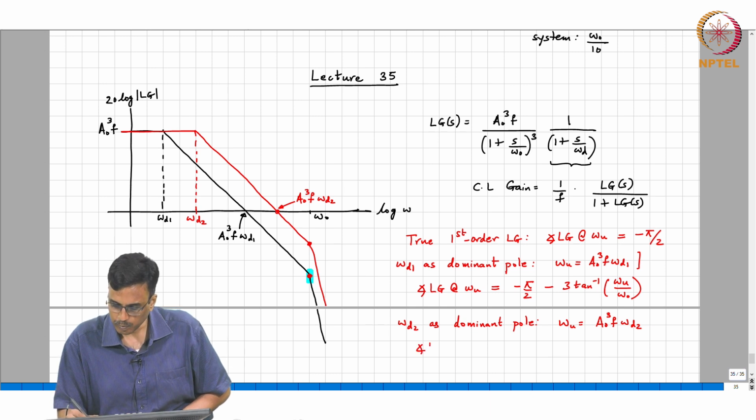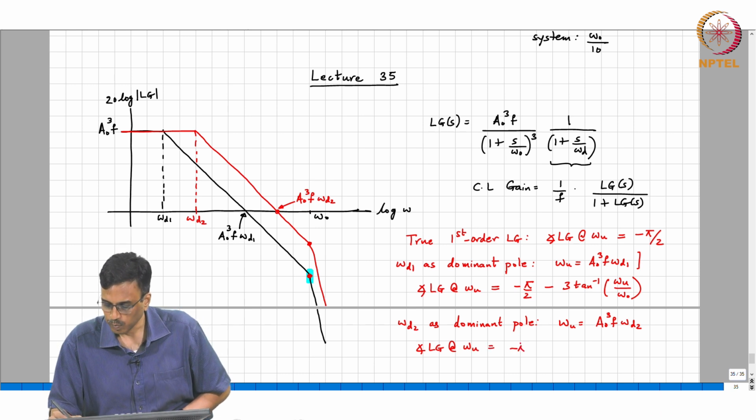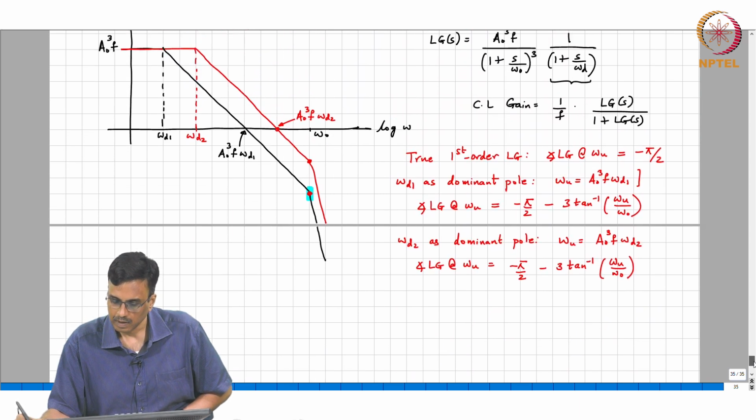So the angle of the loop gain at omega u is nothing but minus pi over 2 minus 3 tan inverse omega u over omega naught, right.